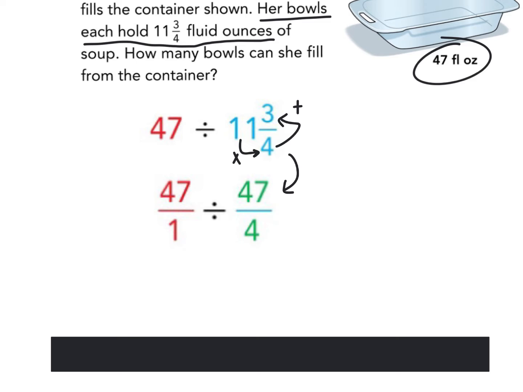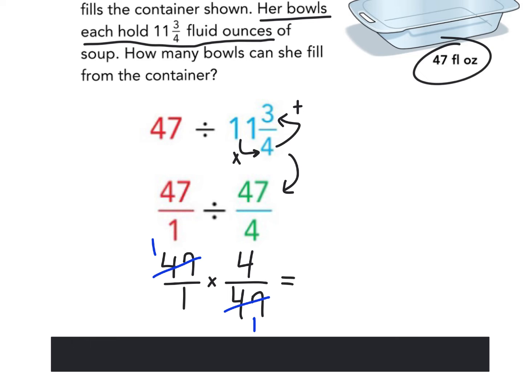Take your time. Now we're going to change reciprocal. Now that it's multiplication, you do have the option of reducing like factors. So I would like to divide both of these by a factor of 47. 47 divided by 47 is 1. 47 divided by 47 is 1.